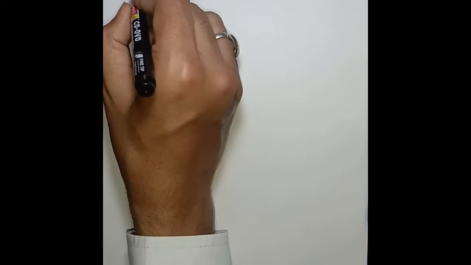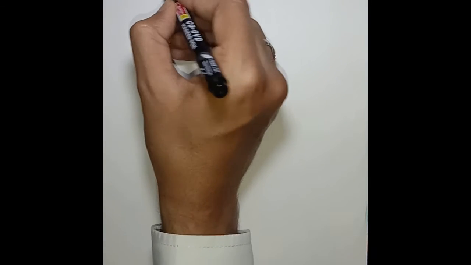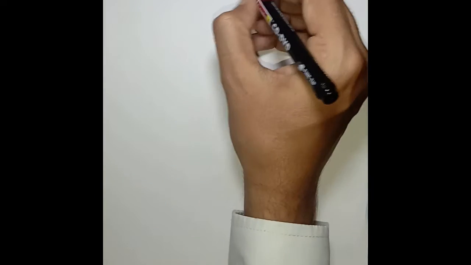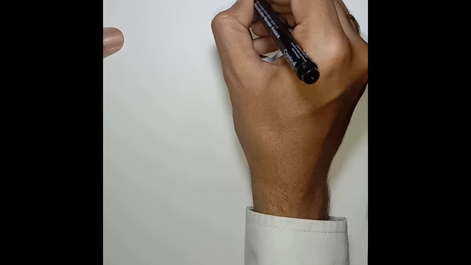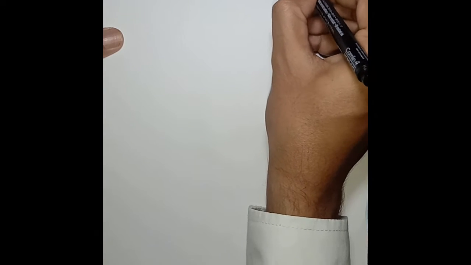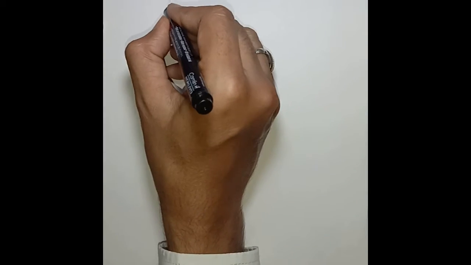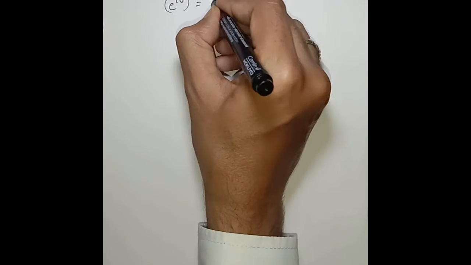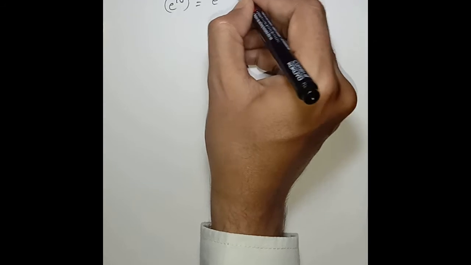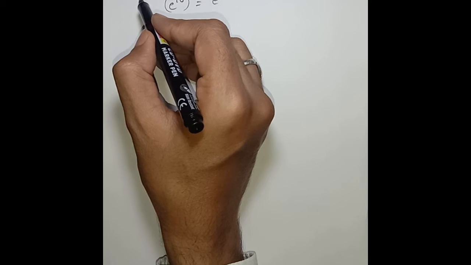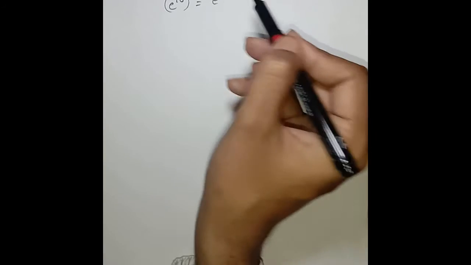So De Moivre's theorem simply states that (e to the power i theta) to the whole power n is equal to e to the power i n theta. That means the statement of De Moivre's theorem is simply the law of indices.